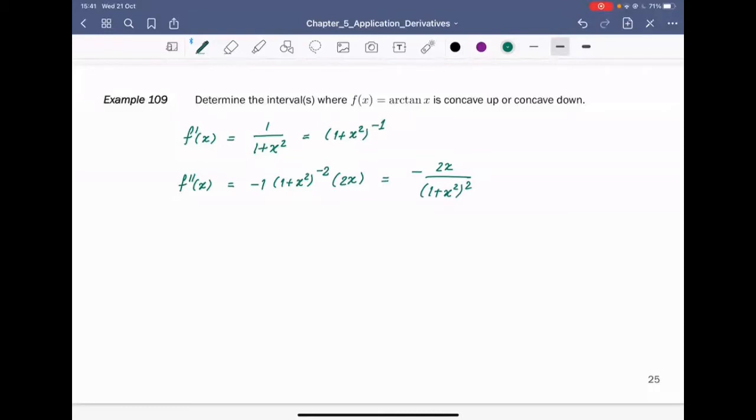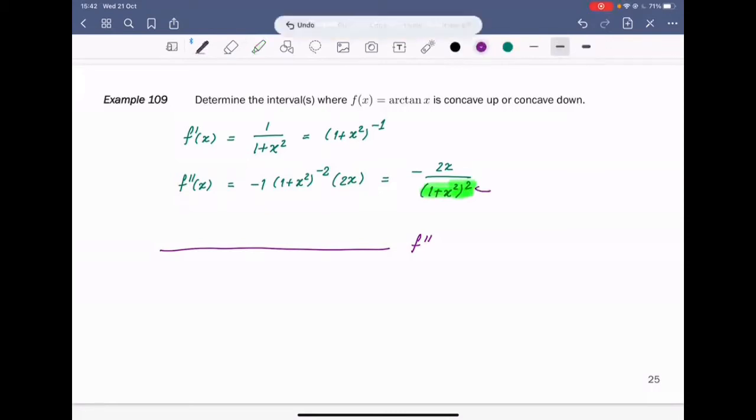After that, I need to figure out the sign of f double prime of x. So what is the sign of f double prime of x? For sure, 1 plus x squared, all squared, is always positive.